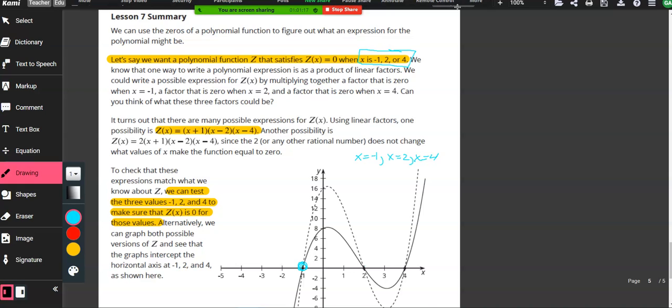Right here, right here, and right here are the x-intercepts. You could create an equation out of this by putting them in parentheses as factors or products. So this would be x plus 1, x minus 2, and x minus 4. That's how you get this one over here.